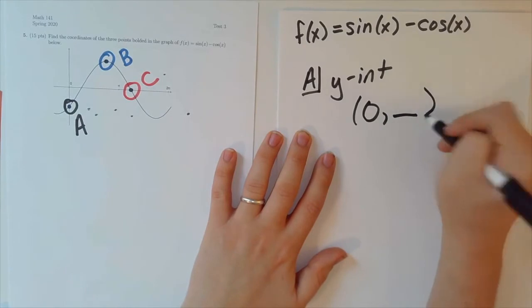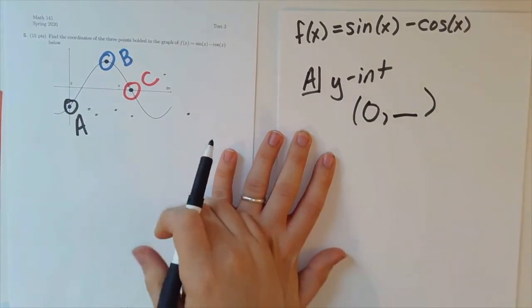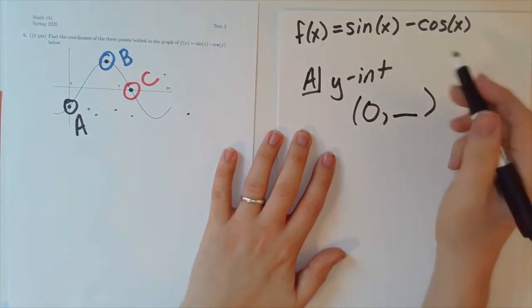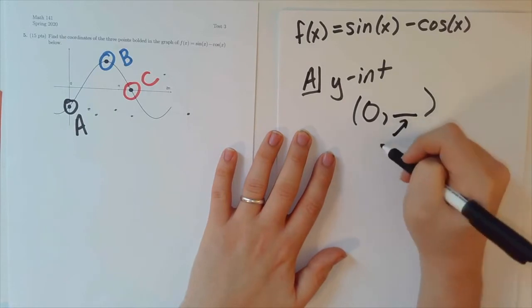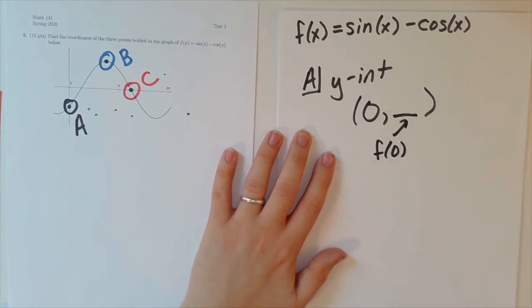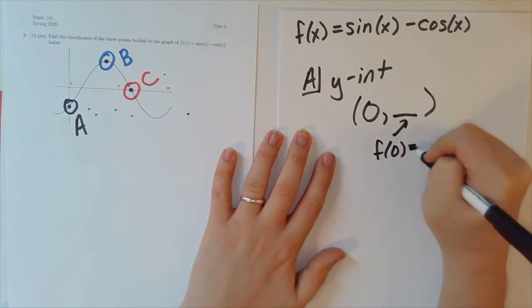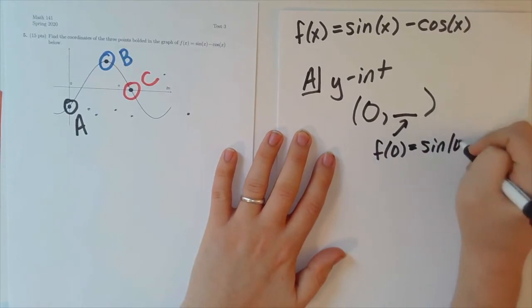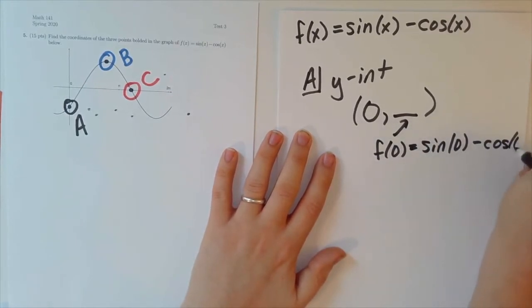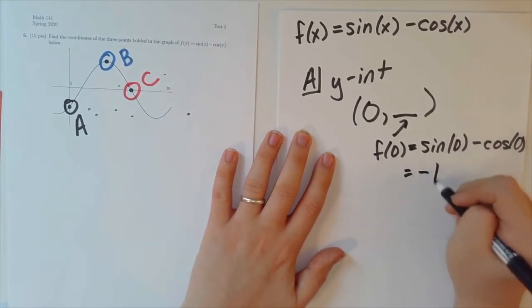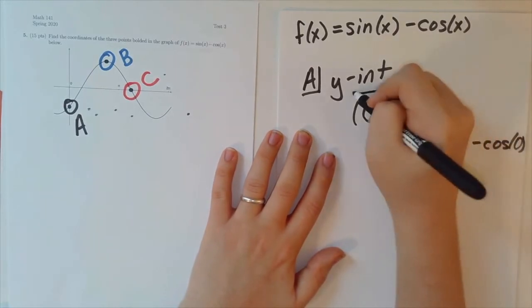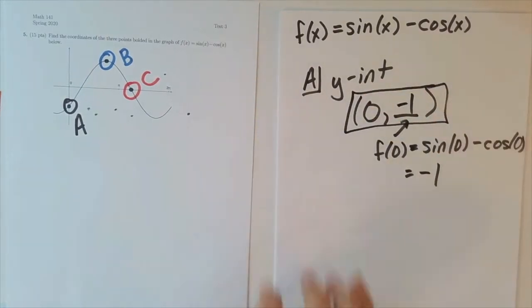And then for the y-coordinate, well, it's on the graph, and so like every point on the graph, it has to be 0, comma, f of 0. Well, what's f of 0? It is sine of 0 minus cosine of 0. Well, sine of 0 is 0, cosine of 0 is 1, so this is minus 1. And so that is point A. It is 0, minus 1.